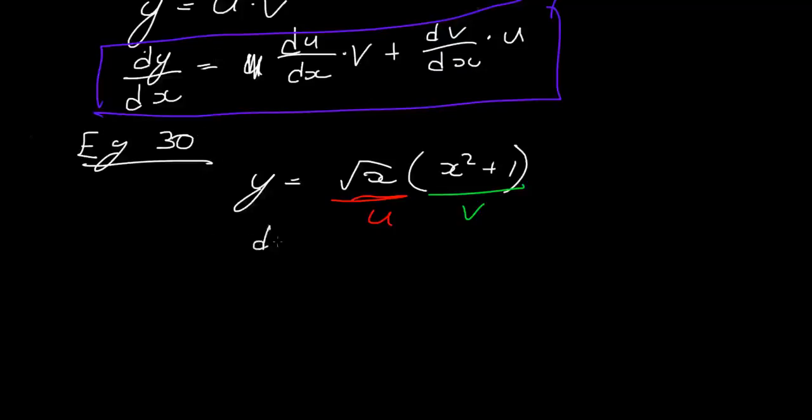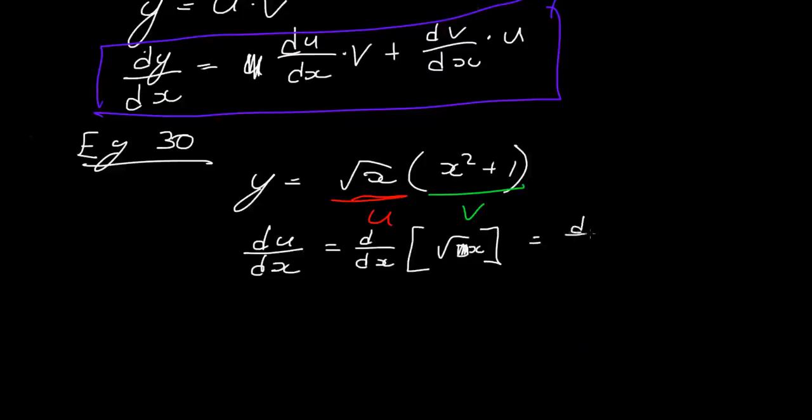So du by dx equals d by dx of root x. So the derivative of root x equals d by dx of x to the half. And this is a polynomial, so what do we do? We take the 1/2 to the front, write down our x and decrease this power by 1, so minus a half.